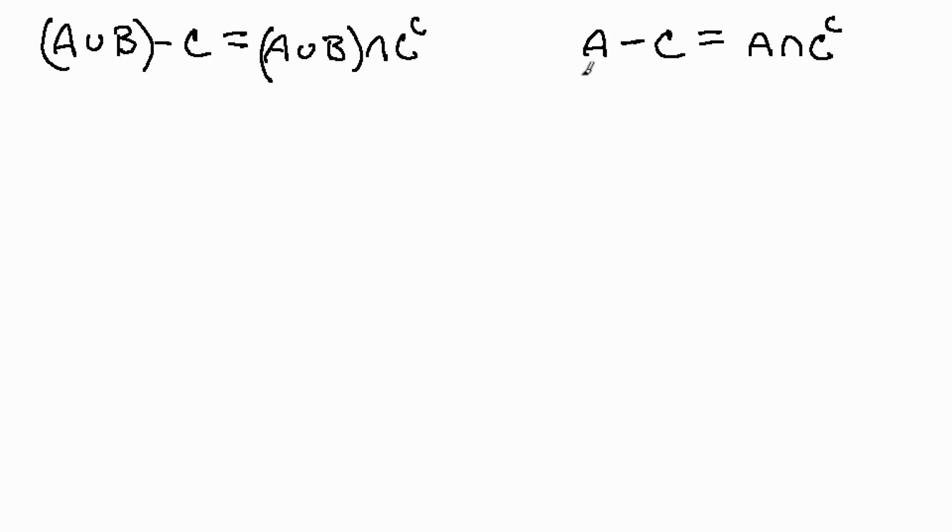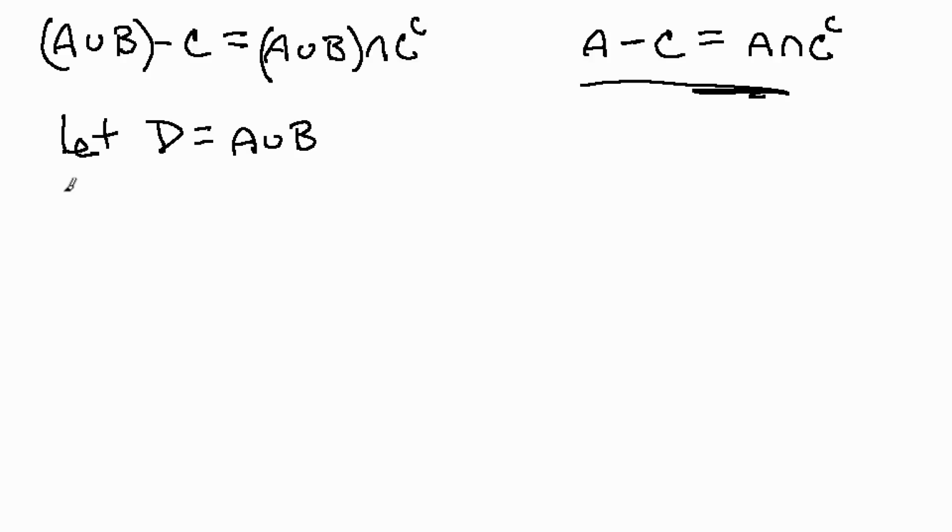Okay? And I think all we need to do is just use this fact right over here. Well, this almost looks like that, but not quite. Why don't I come over here and do the following? Why don't I say, let D equal A union B. Nothing wrong with doing that.